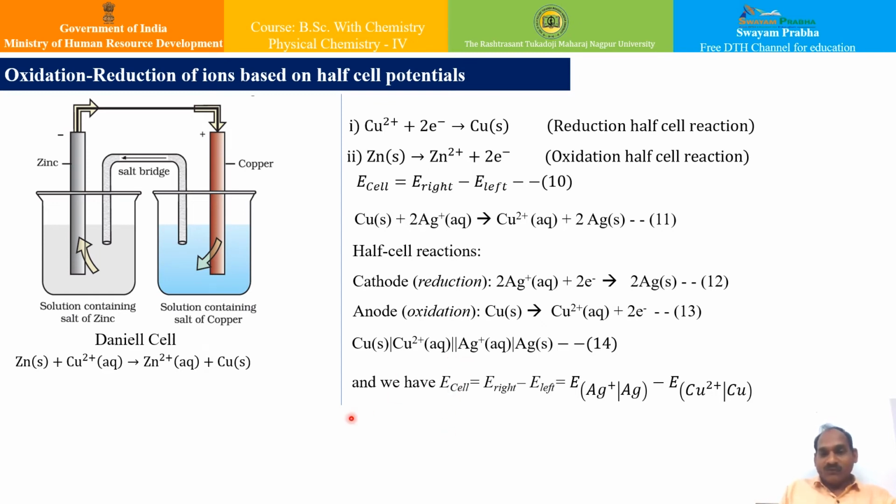So we have E cell is equal to E right minus E left. In this case, it is the electrode potential of the silver electrode minus the electrode potential of the copper. In this way, we can represent the oxidation reduction of the ions based on the half cell reactions, and it becomes very easy to represent.